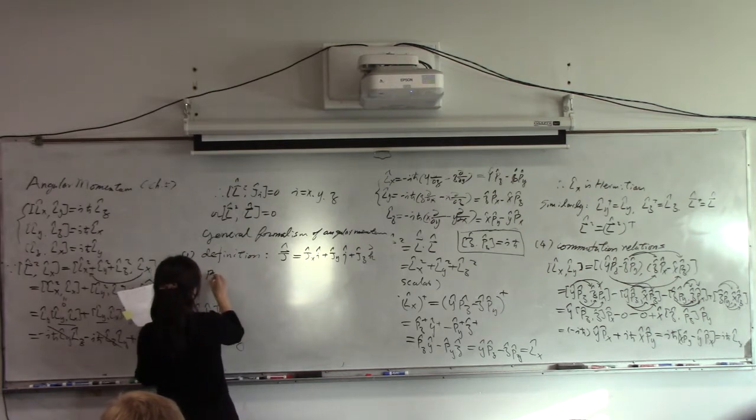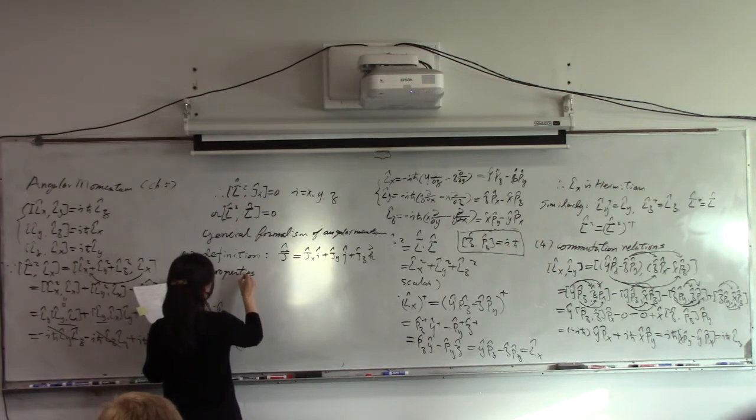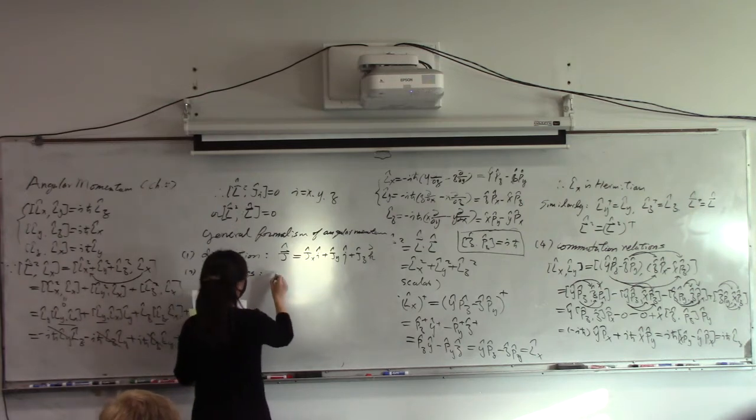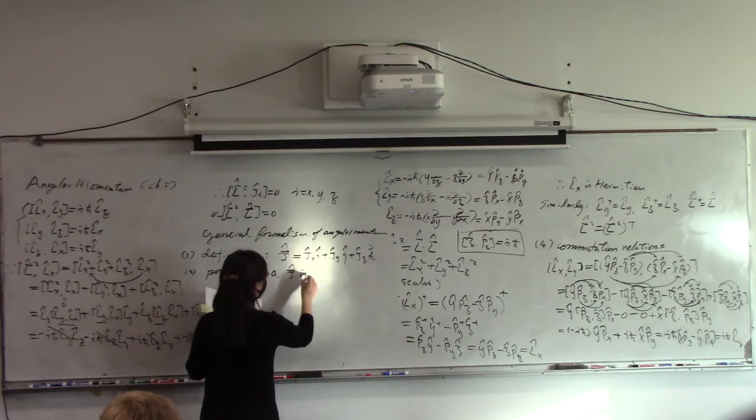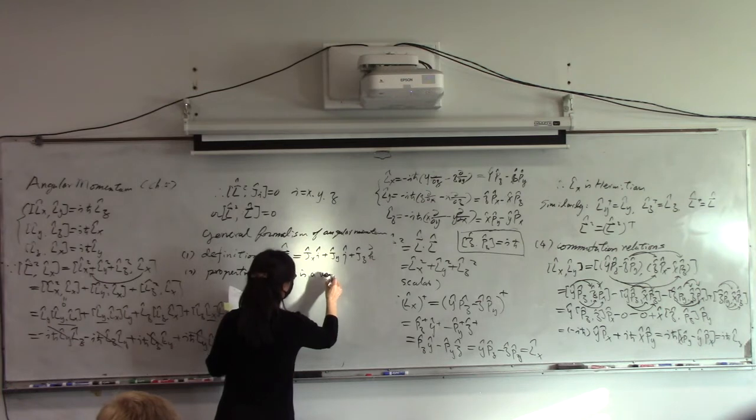Second one. Properties. First, A: J is a vector. This is the first time we deal with this.